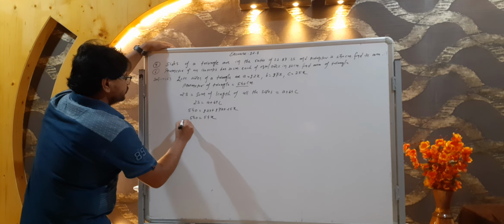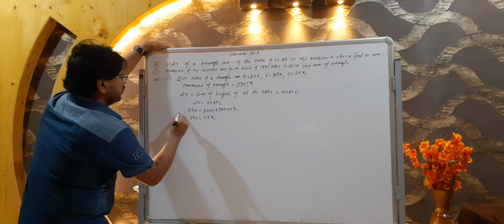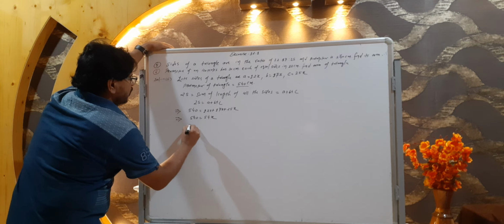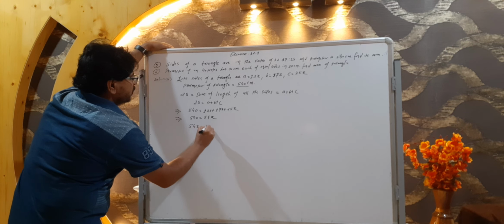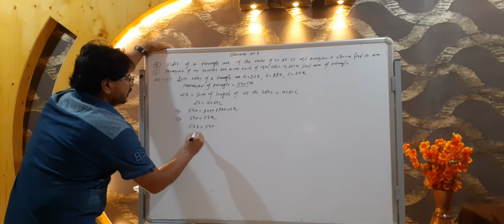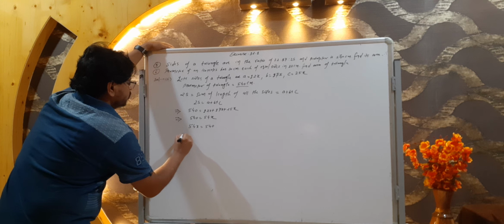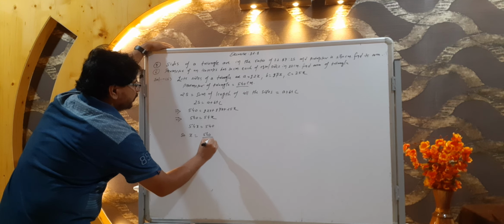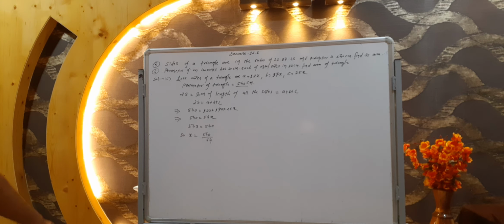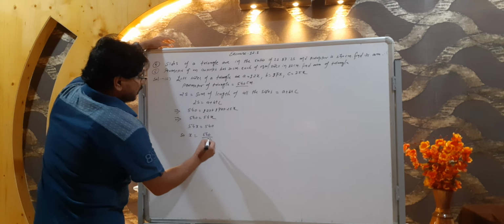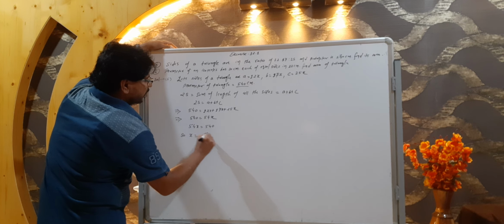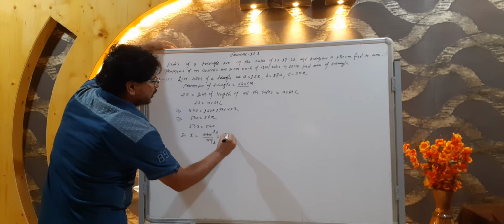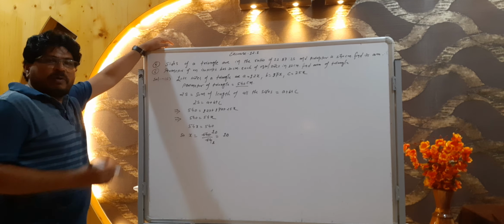Or we can say x is equal to 540 upon 54. Simply 54 times 10 is 540. Means what is the value of x? The value of x is 10.